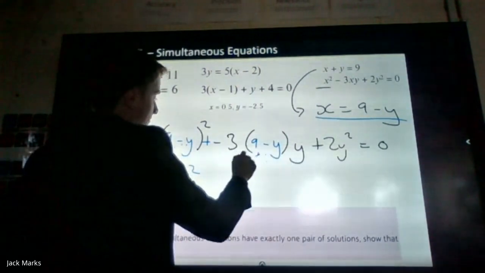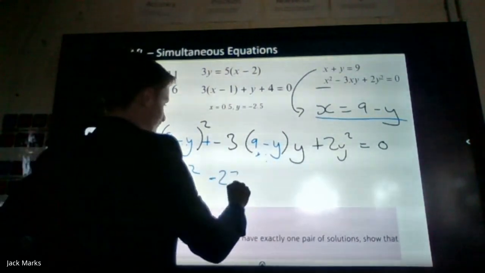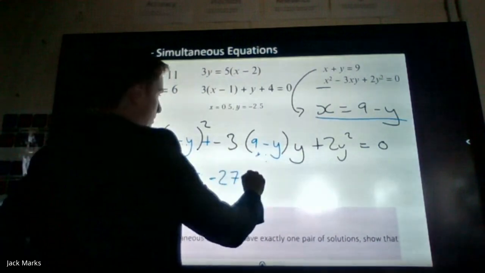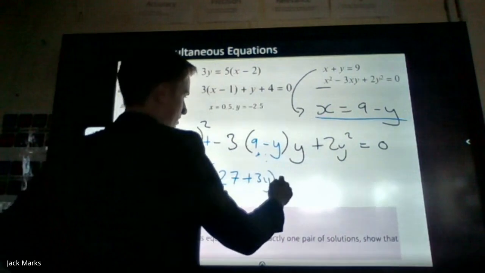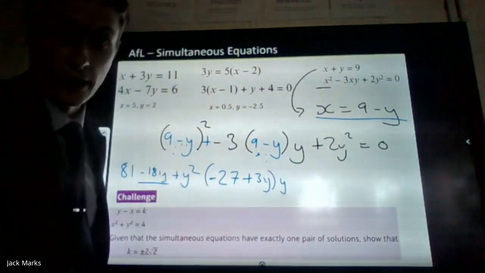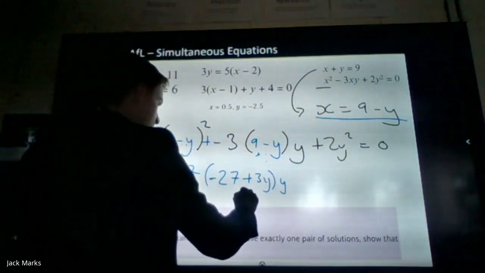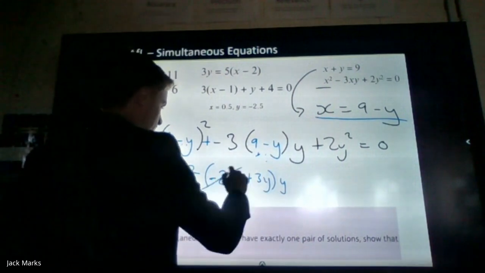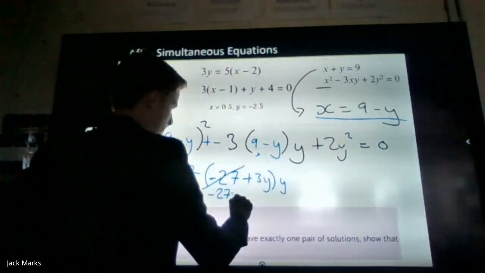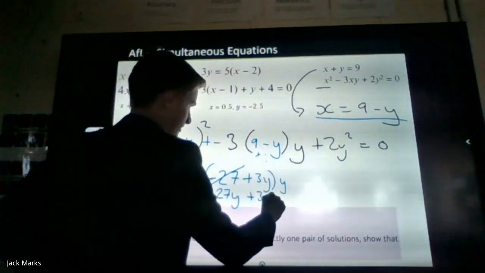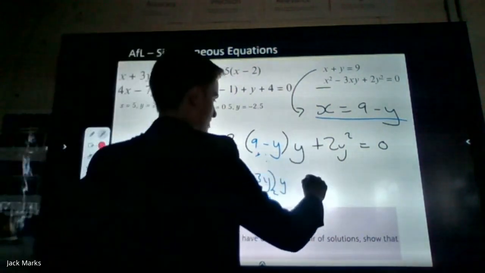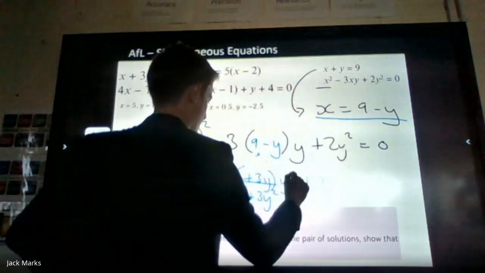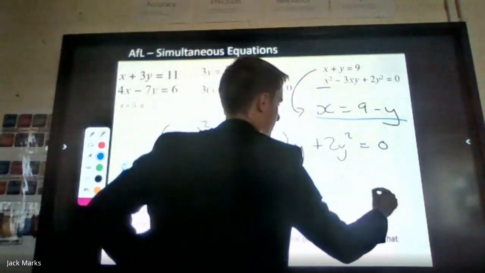So minus 3 times 9 is minus 27 plus 3y. And don't forget, these parts still need to be multiplied by that y at the end. So that will be minus 27y plus 3y squared. Okay, then carrying on. So that one will be done then, plus 2y squared equals 0.